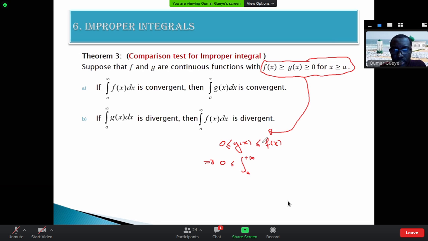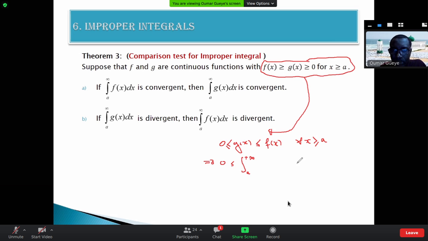We know this double inequality is satisfied for all x starting from a to positive infinity, when a is a positive number.